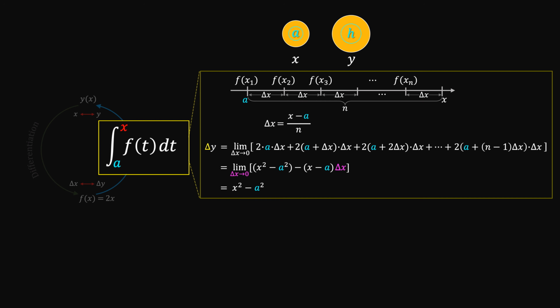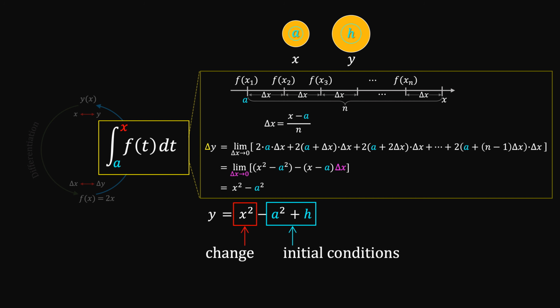This is the net change of y. So to get y, you just add the initial status. This is still a relationship with respect to x plus some constant. The part involving x is the part causing the change. The constant relates to the initial conditions.